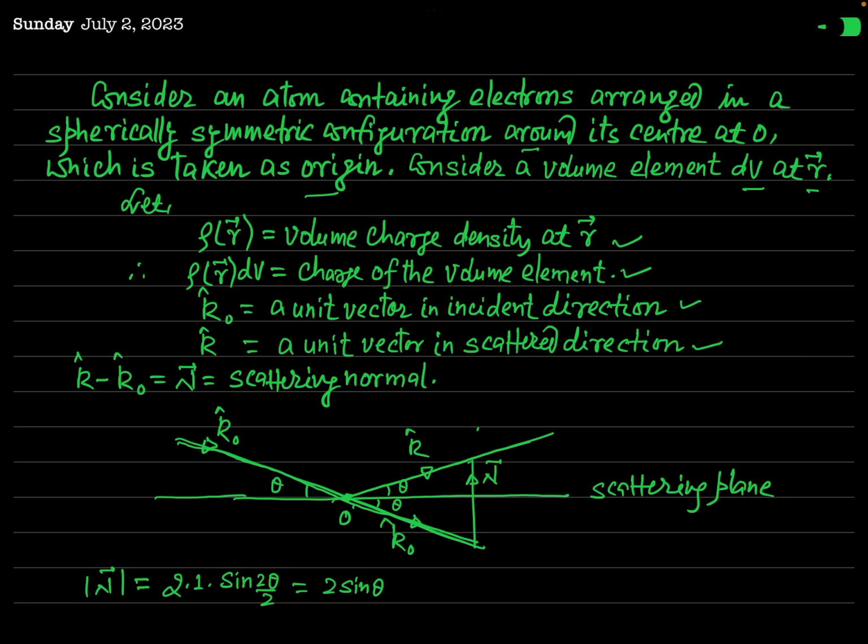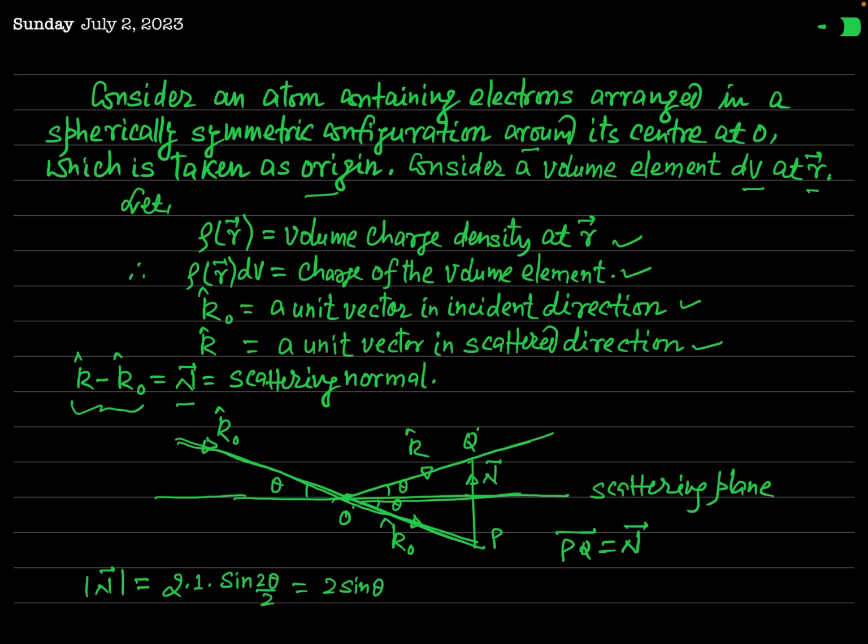And this line, let us say this line is PQ, is normal to this scattering plane, and the vector represented by this PQ, which I have written N, is called the scattering normal vector. And it is obvious from the triangle law of vector addition that this N will be equal to what?